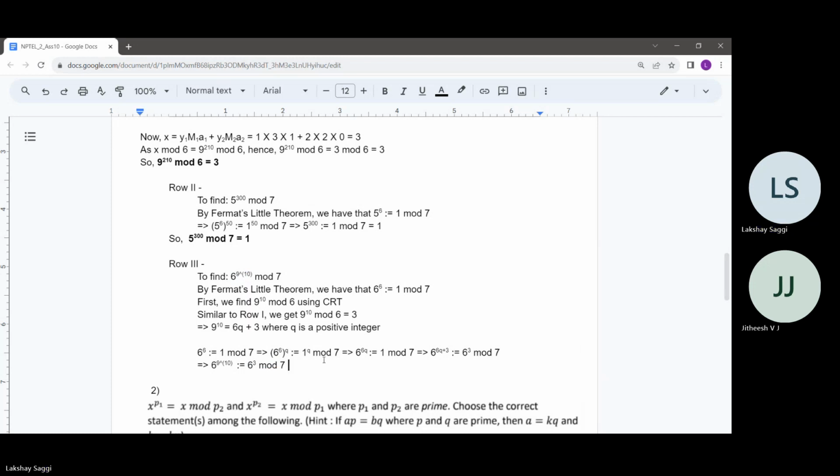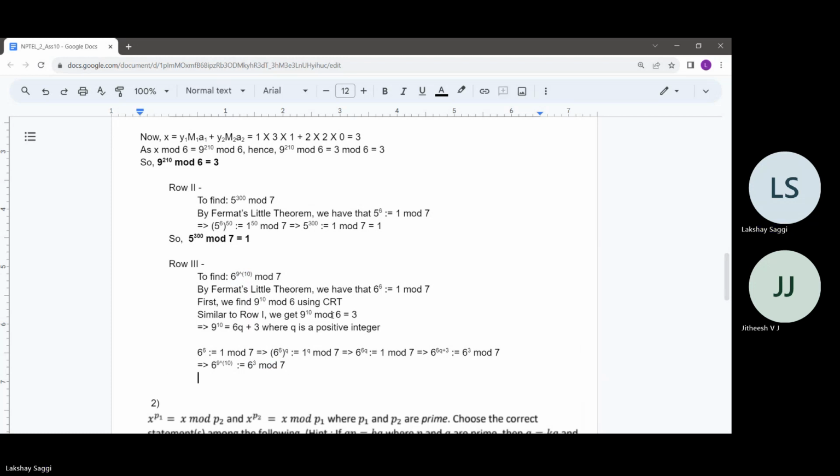So hence 6 raised to the power 9 raised to the power 10 mod 7 is equal to 6q mod 7, which is equal to 216 mod 7. And what is 216?